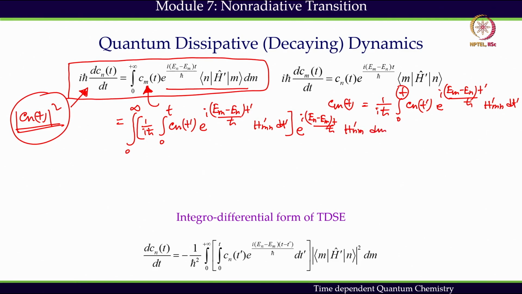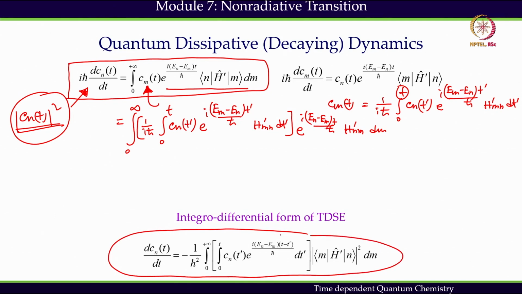So it's just rewriting. If I rewrite this to some extent, I get the integral differential form of this equation, where I have this change in population. This is the expansion coefficient as a function of time, and it is given by this entire expression.